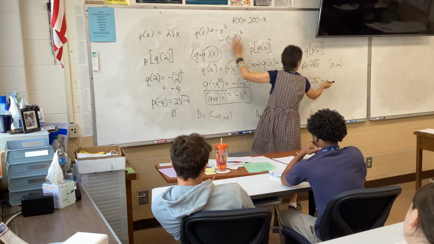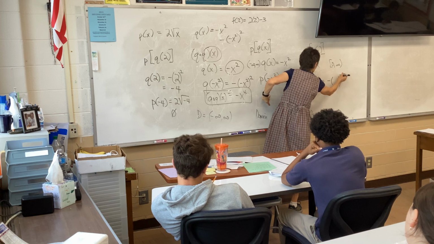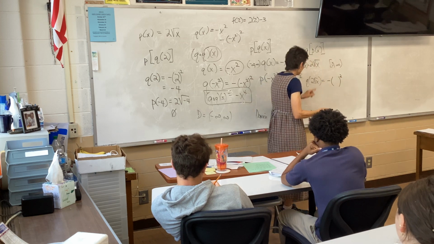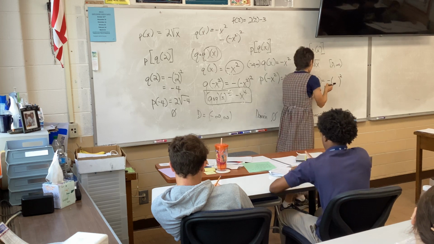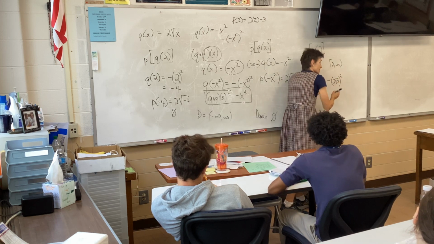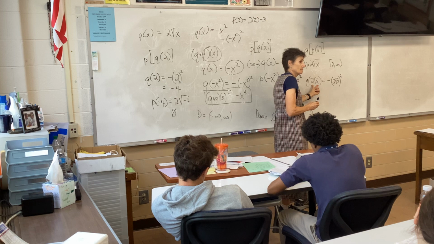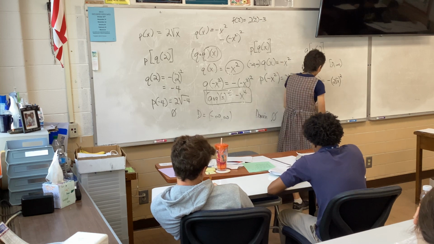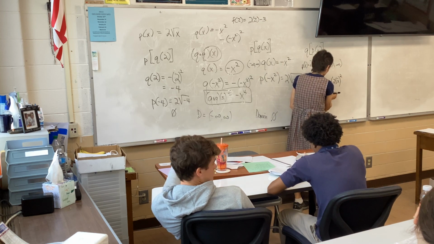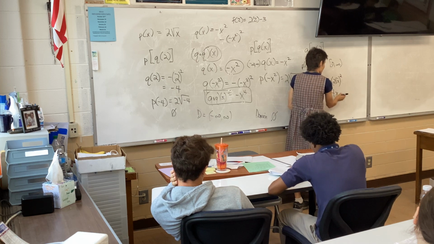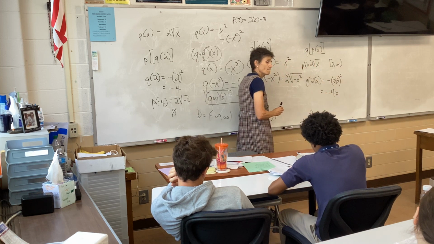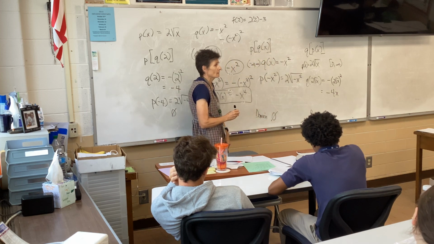That means I have negative something squared, and the something is exactly what I'm plugging in. So that'll be 2 root x. So now it looks like I'm going to have negative 4x. Won't it be negative 4x? Yeah.